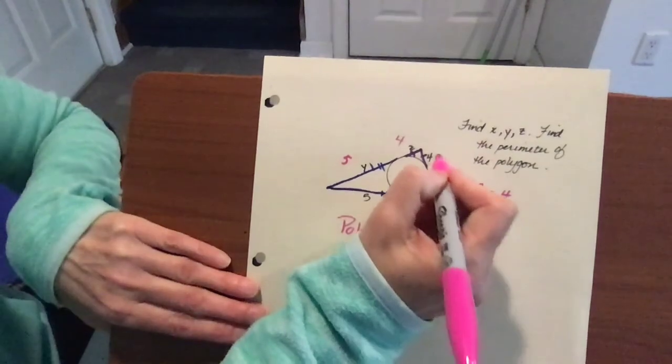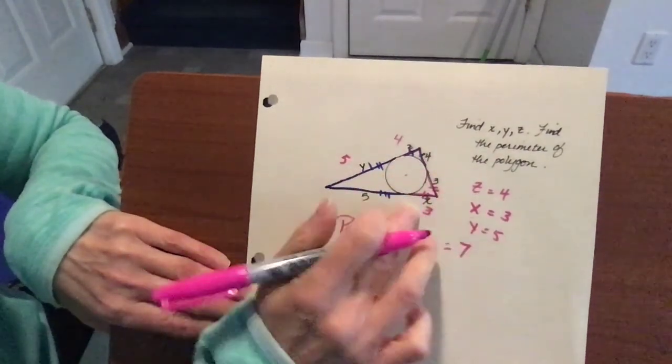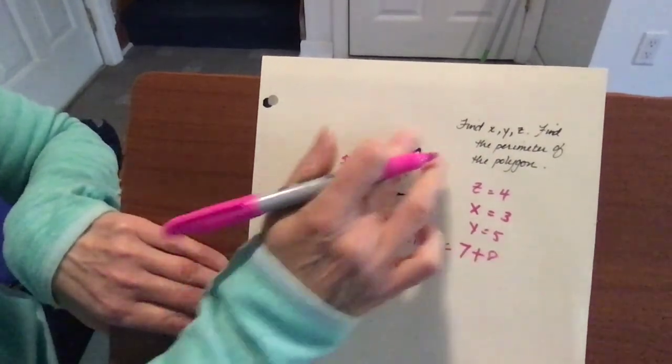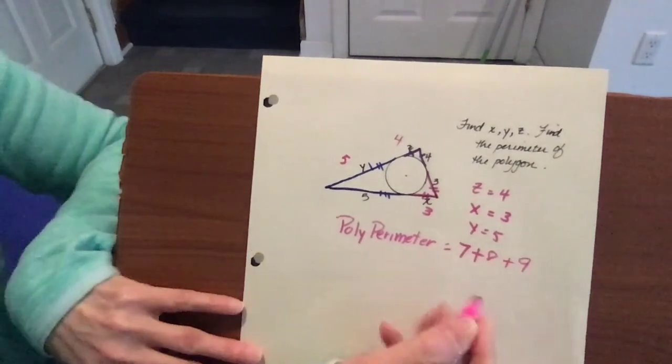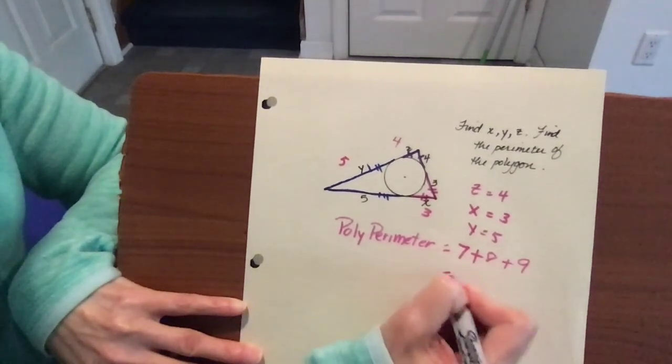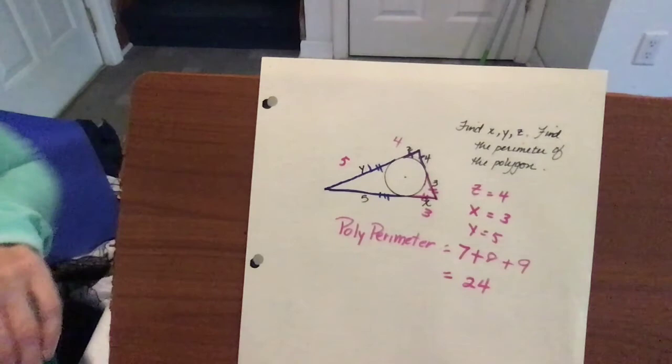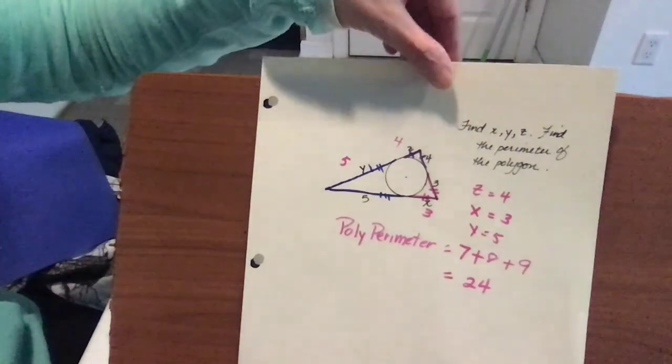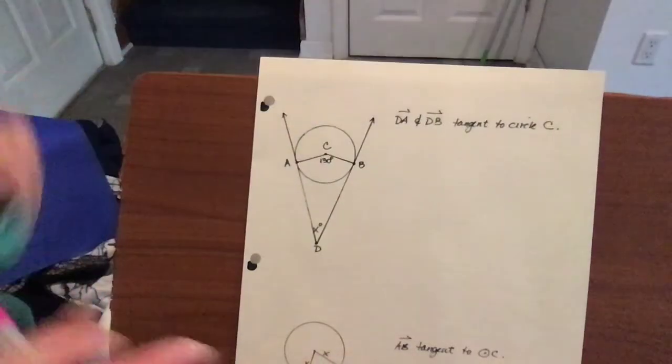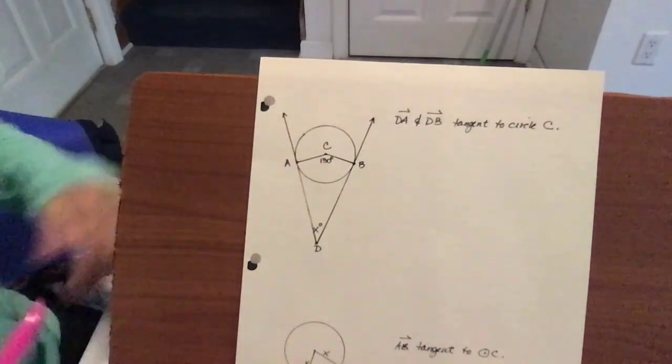So this is 7, this is 8, and this is 9. That's 17 and 7, so 24 units. So take your time doing those to mark them up and write the answers on the figure so that you can see them.